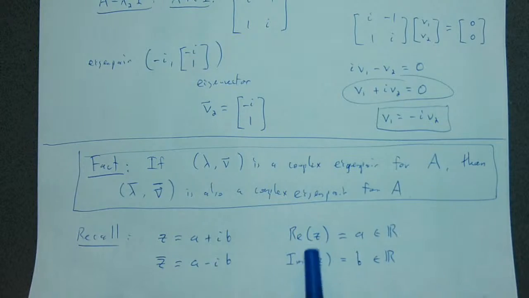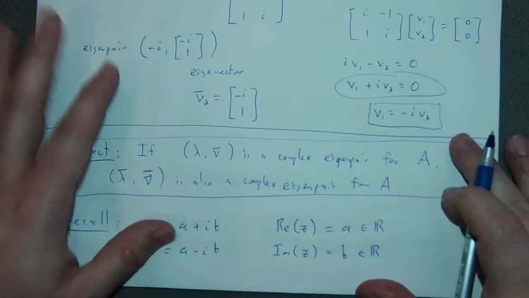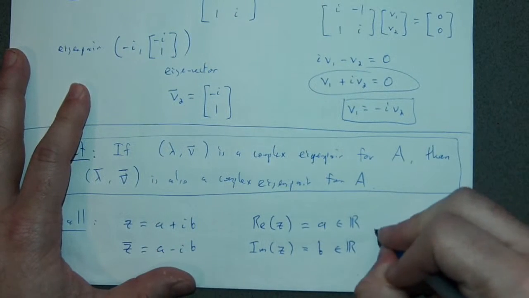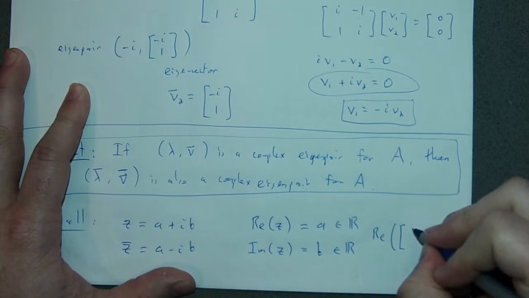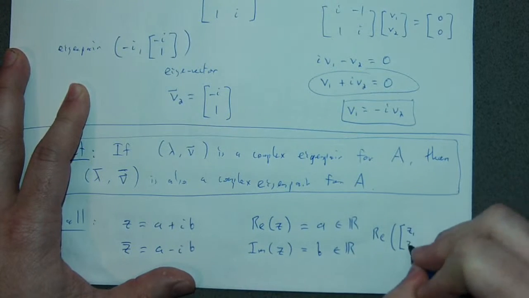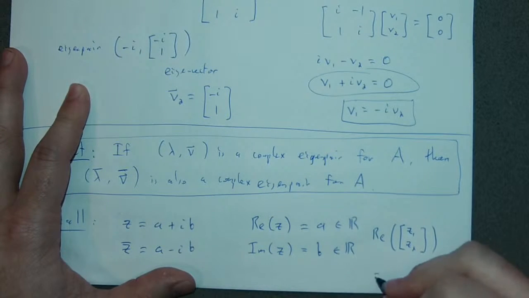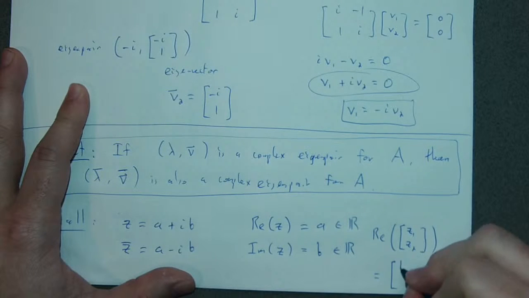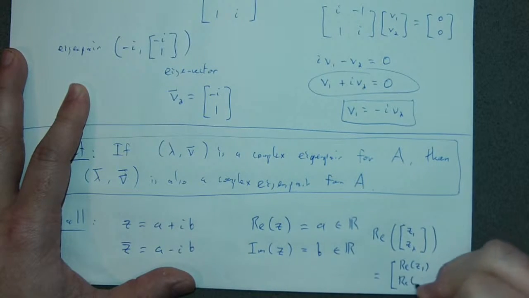You can apply the real and imaginary parts to a vector. So, for instance, if you had the real part of a vector that had two components, z1 and z2, what is that? That is the vector that consists of the real part of z1 and the real part of z2.